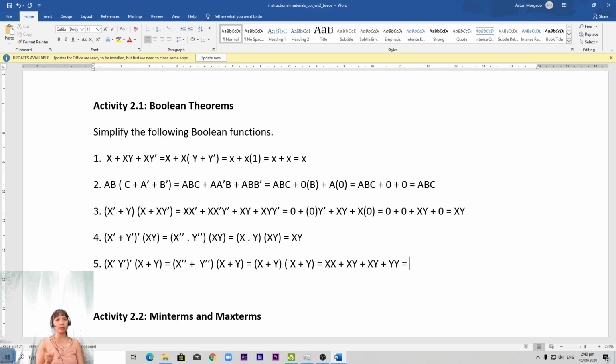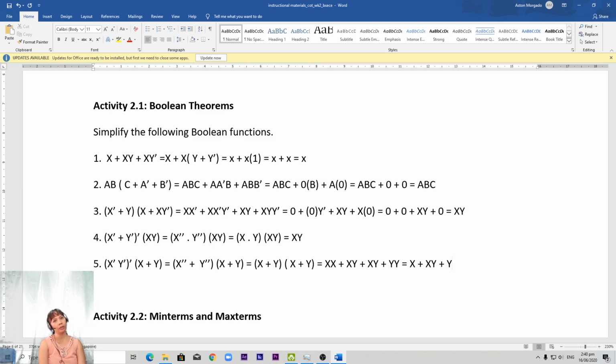So x times x is x, and of course xy plus xy. Just like x plus x, xy plus xy is simply equal to xy, and y times y is simply equal to y.